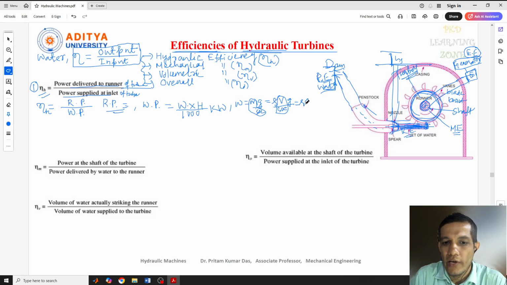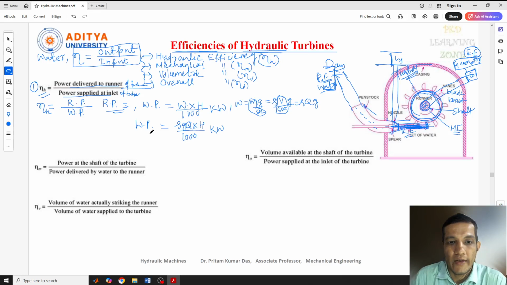So W equals rho into Q into g. If I put the value of this here, finally water power equals rho g Q into H divided by 1000. So this much kilowatt.